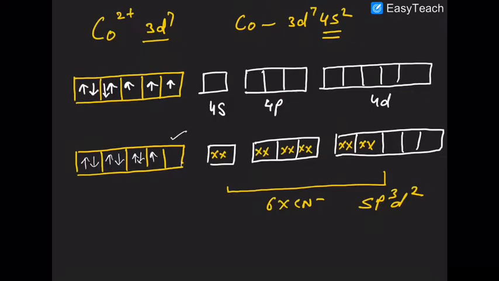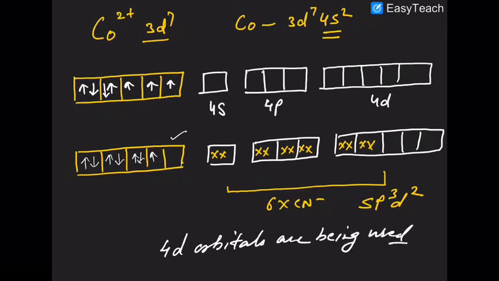Look at that now. In this case you can say that 4d orbitals are being used, and one electron is unpaired. So one unpaired electron will give you weak paramagnetic behavior.